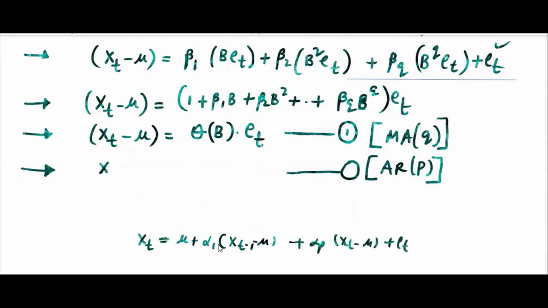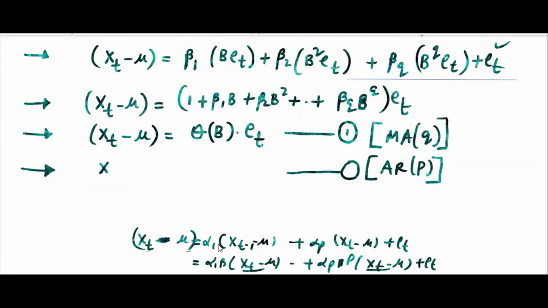And then we took Xt minus mu and took B common. So alpha 1 B, if you take common, you get Xt minus mu everywhere, up to alpha p Bp (Xt minus mu), plus et.